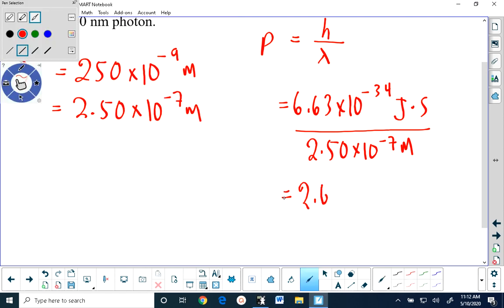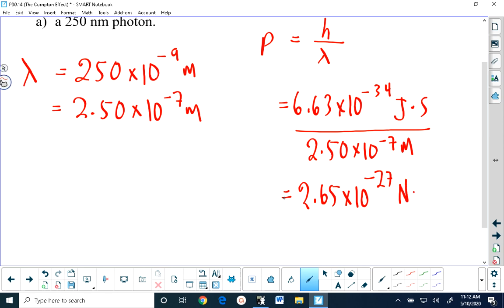So that gives us 2.65 multiplied by 10 to the negative 27 units of momentum. I prefer the unit combination of newtons times seconds rather than kilogram meter per second.